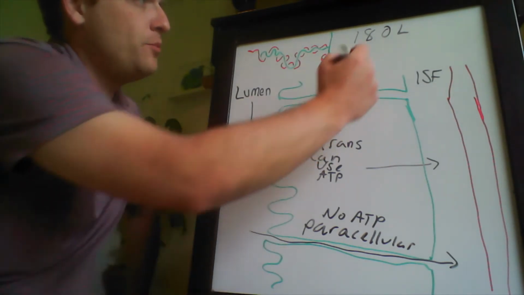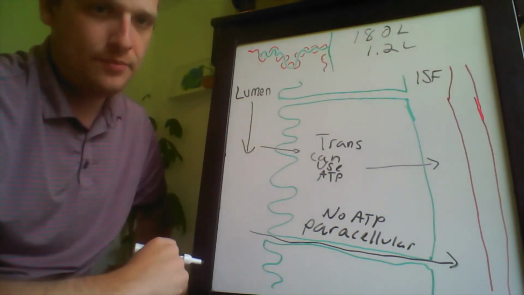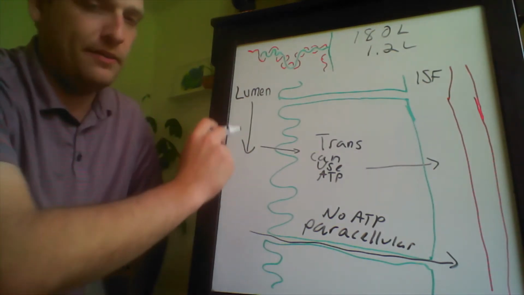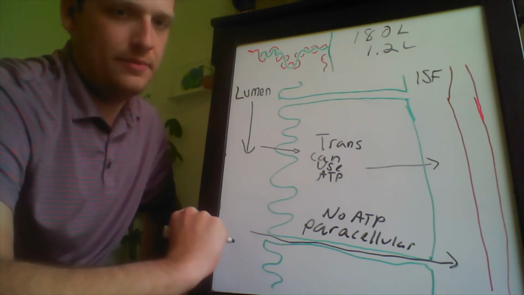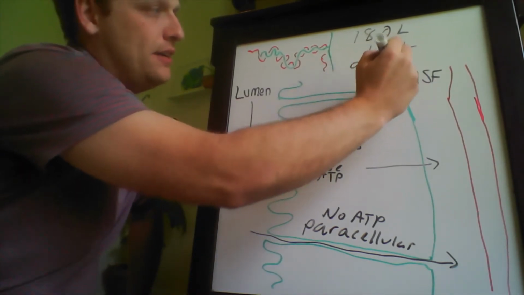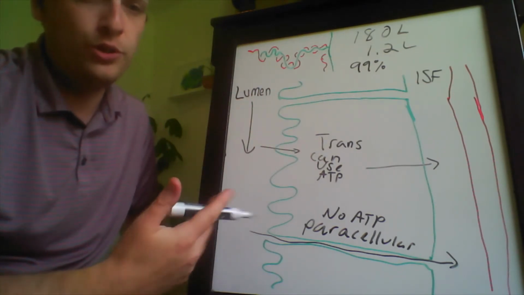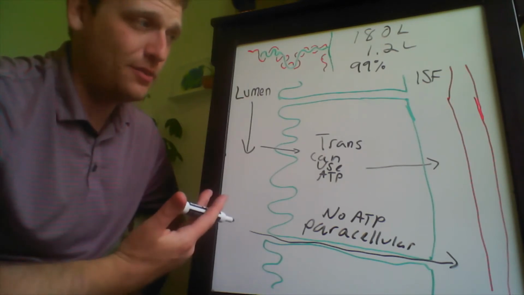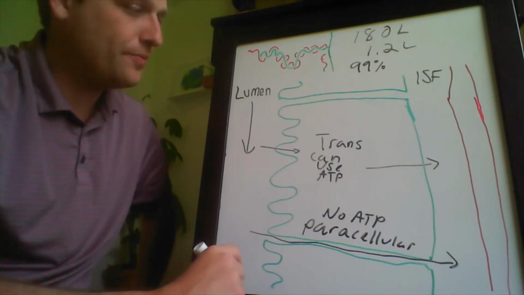We lose about 1.2 liters of water a day. So that means that the vast majority of water that's being filtered out of the blood is getting returned to the blood. As well as about 99% of things like electrolytes, glucose, amino acids. Most of the solutes that are filtered out of the blood are going to get returned to the blood.